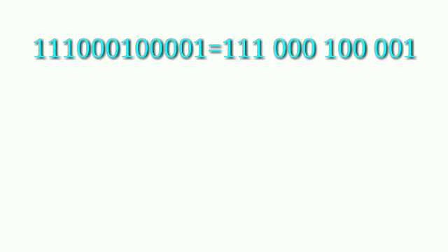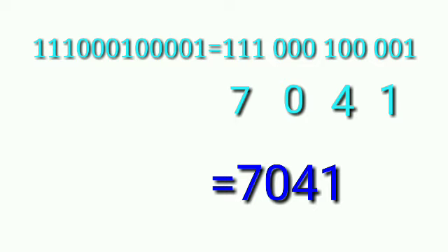Group the binary digits into sets of 3, like this. And then get the octal equivalent of each group. The octal equivalent of each set gives 7041, which equals 7041 octal. So this means our binary number is correct.